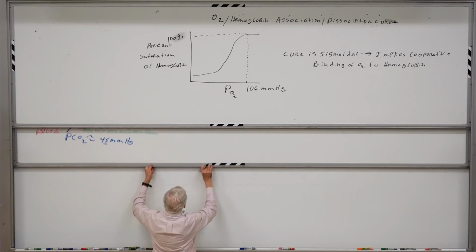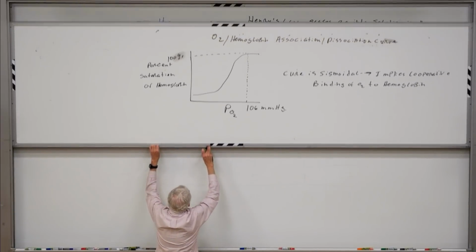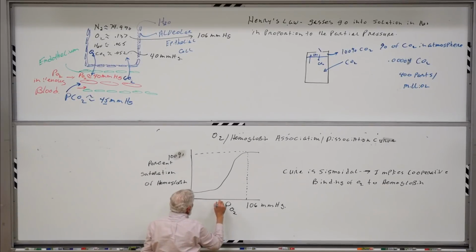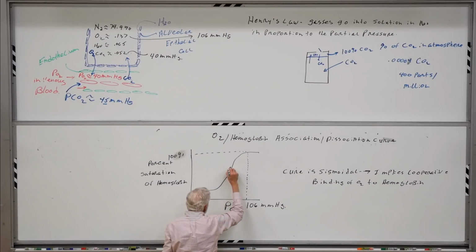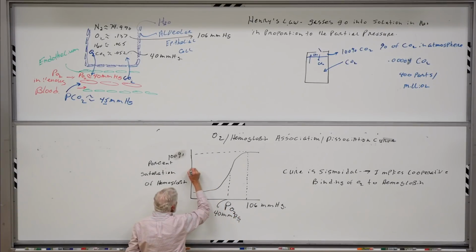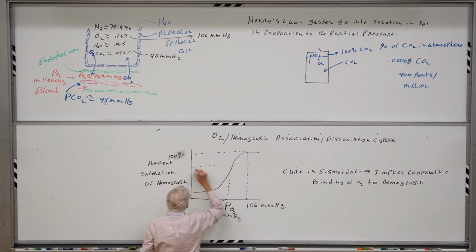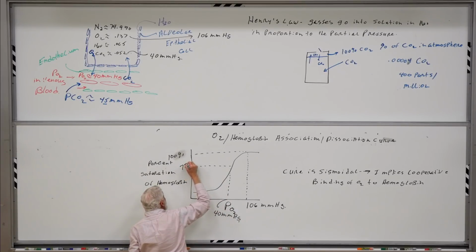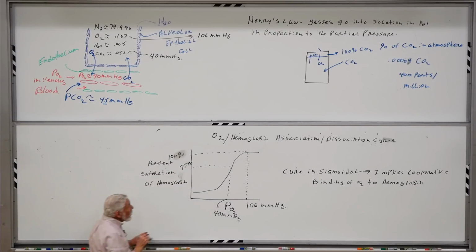But we'll also see that down here, at about 40 millimeters of mercury, we're still about 75% saturated. So notice what these numbers mean.